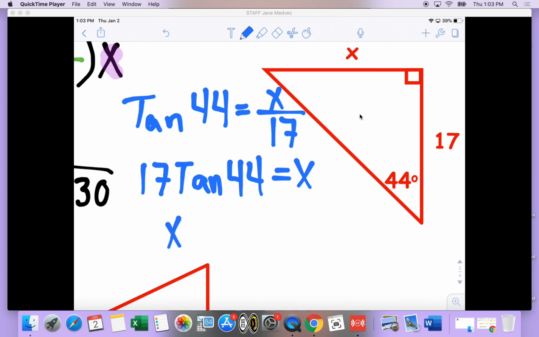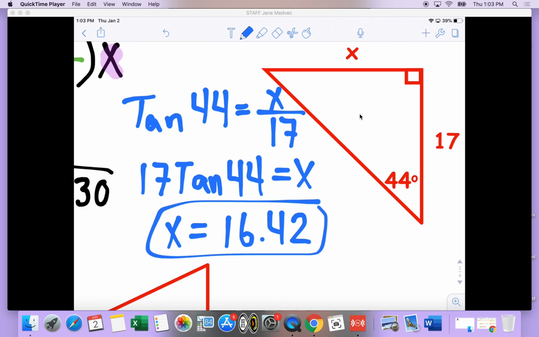So I'm going to go X equals, I'm going to grab my calculator, make sure you clear it, 17 tangent 44 equals, and what do you guys get? Yes, 16.42, and it would be like units, like centimeters, feet, that type of thing.